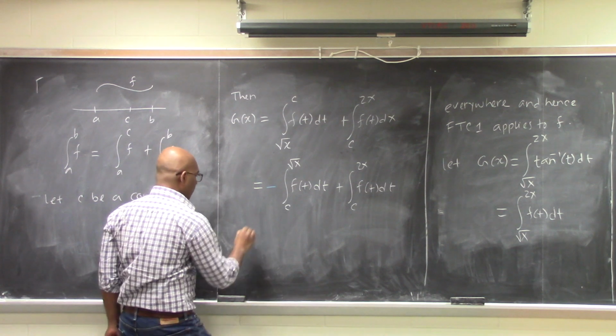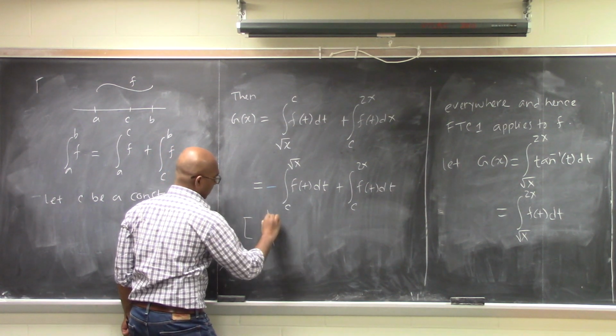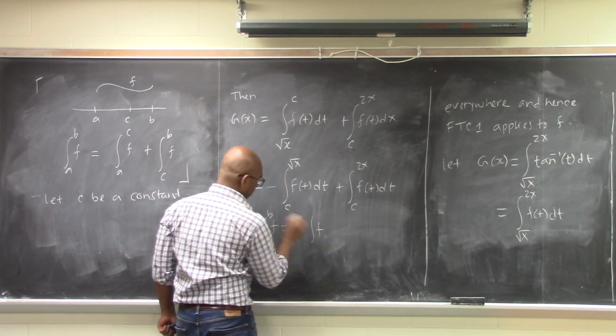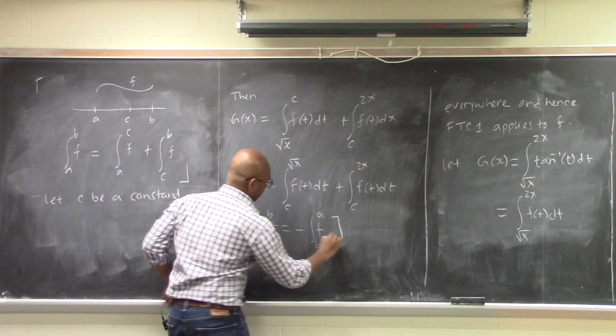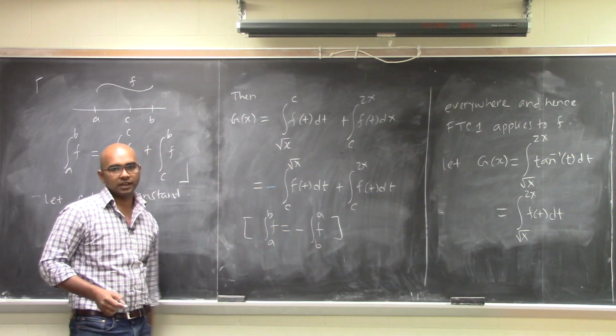So what property are we using here? The integration of a function from a to b is negative times the integration of the function from b to a. If you swap the upper and lower limit, that will contribute a negative sign. That's what it is.